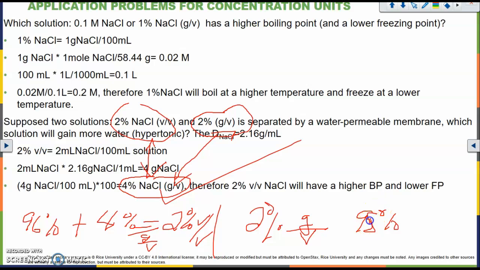In terms of osmotic pressure, hypotonic, hypertonic, isotonic, we look at the percent concentration. This has more solute. This has less solute. The side that has more solute is called hypertonic. Hyper meaning higher, tonic meaning solute, like gin and tonic. This side is hypotonic.